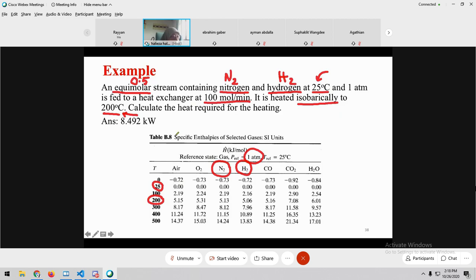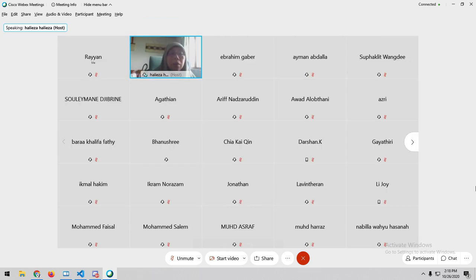Okay, so I need to use my iPad in order to show you the calculation. Let me connect to the computer. I hope I can get it connected. Before that, I need to unshare this so that we can look at my iPad.